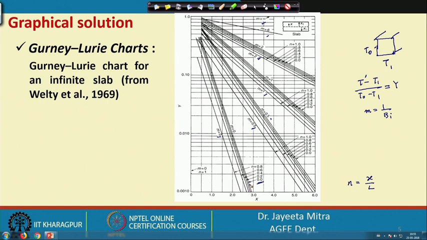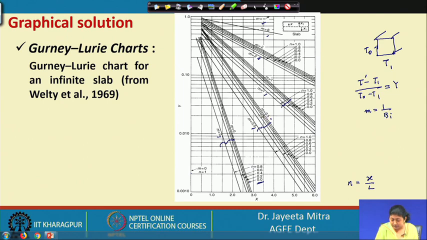So, n will be 0, and based on this Biot number, because this m is a set of equations, the set of lines here, the whole line representing a particular m, that is 1 by Biot number.